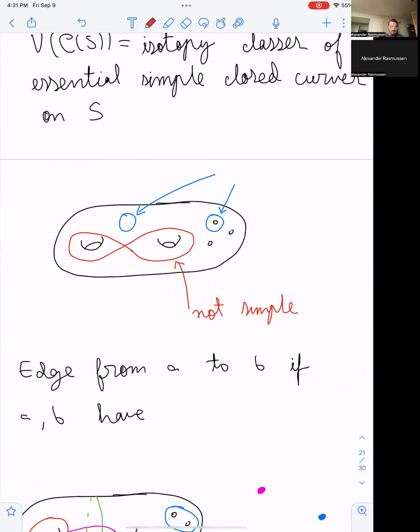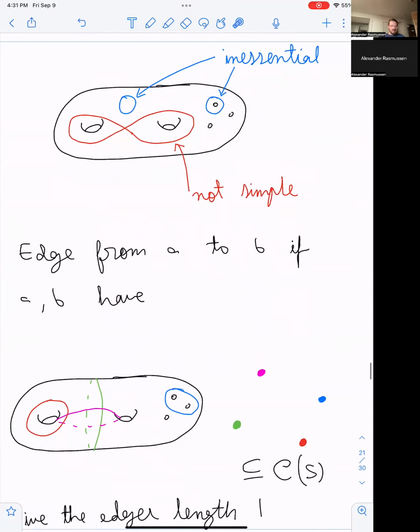So this is an example of a non-simple curve. What is an essential curve? Well, a curve is inessential, not essential, if it bounds either a disk or a punctured disk. So these are inessential curves. We're just going to look at the simple closed curves, and we're going to throw away the inessential ones. So that's the vertex set.